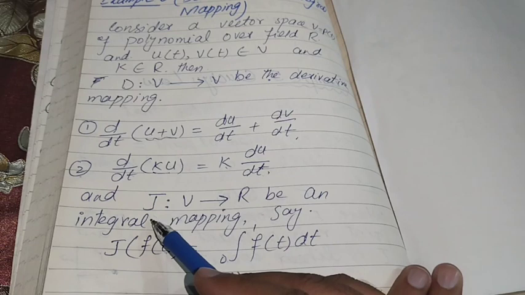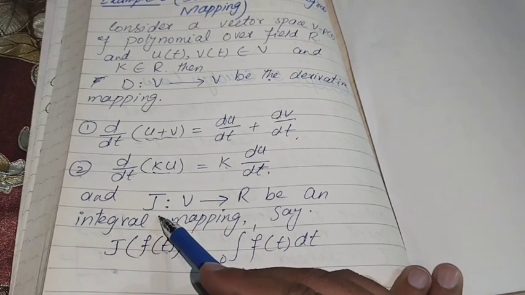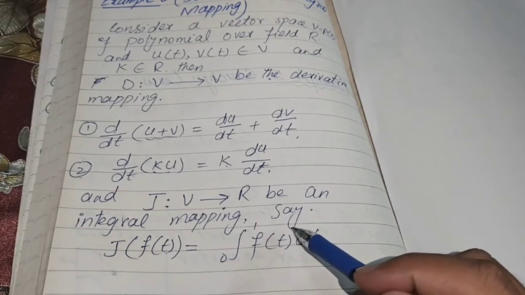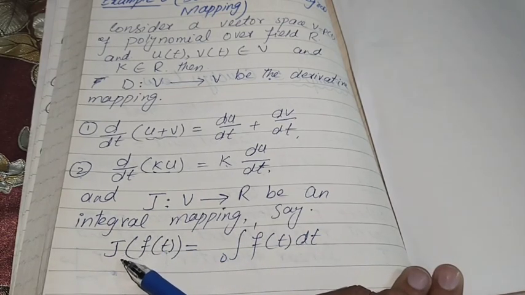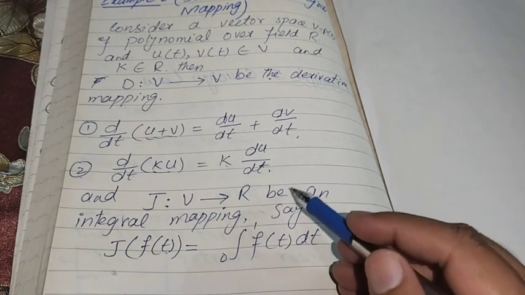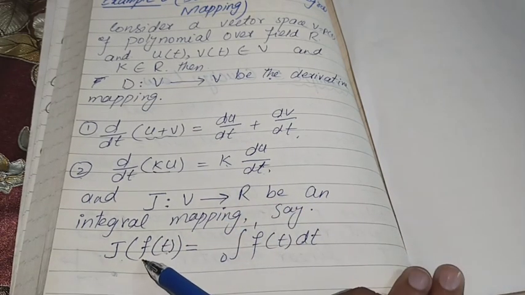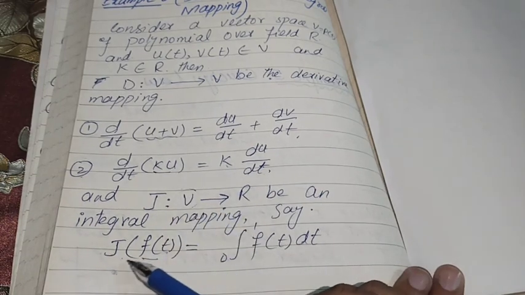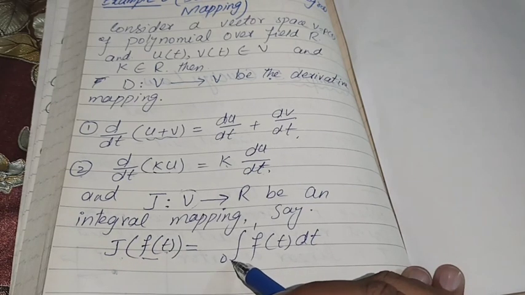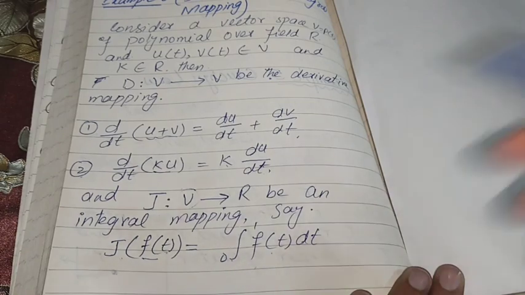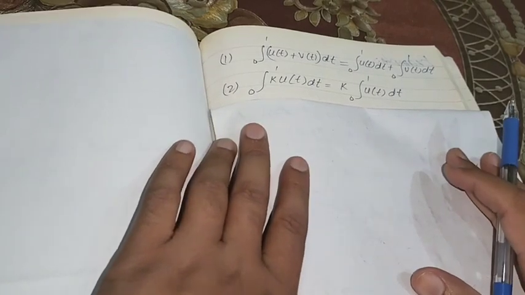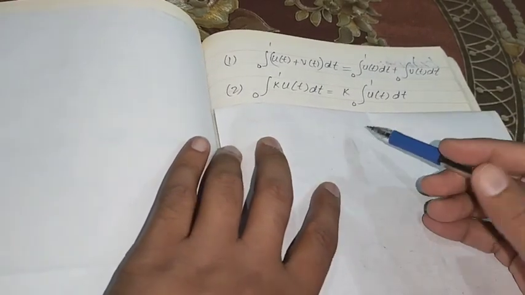Similarly, we denote the integral operator by J, and the integral operator J from V to R is an integral mapping, defined as J of f equals the integral from 0 to 1 of f of t dt, where f is a function that lies in the vector space V. We also define the two conditions of a linear operator in integral form.